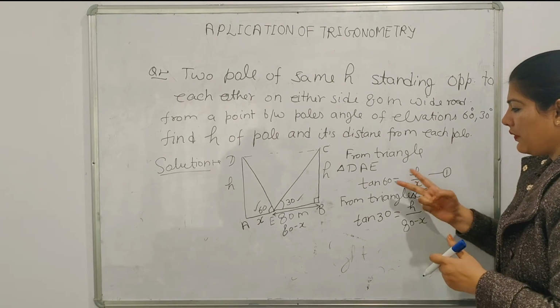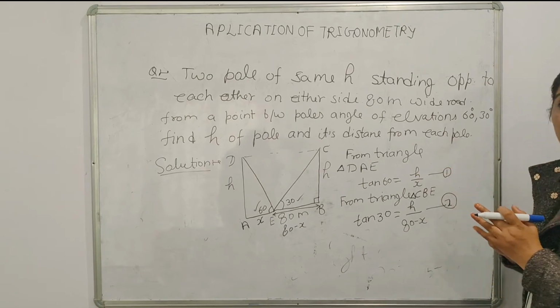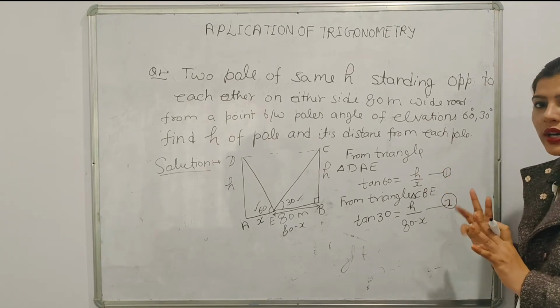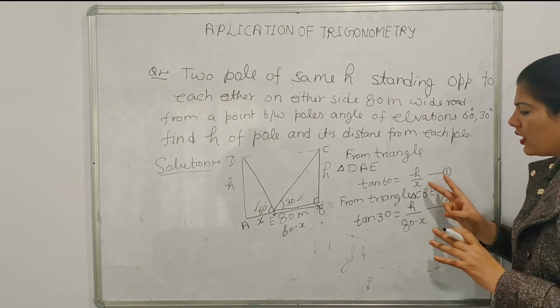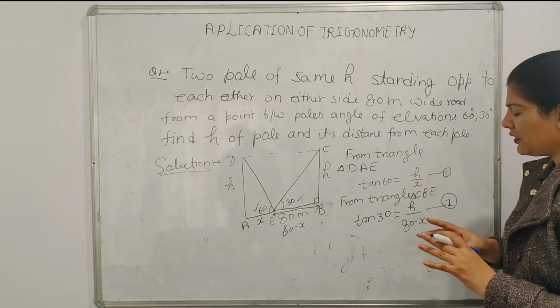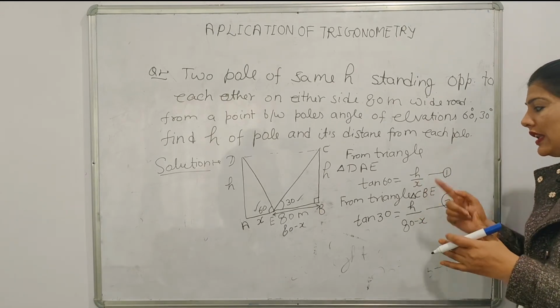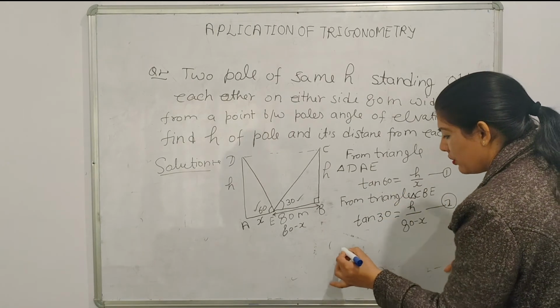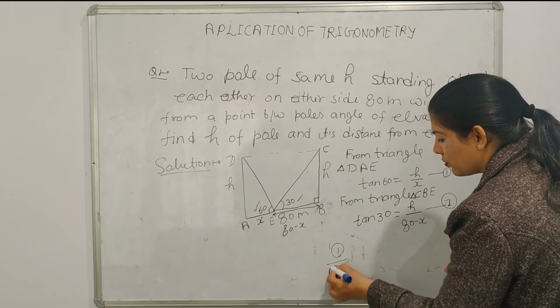Because we have two variables and two equations, it will be easy if you divide these two and eliminate h, so it will be easier for you. So divide equation 1 by equation 2.